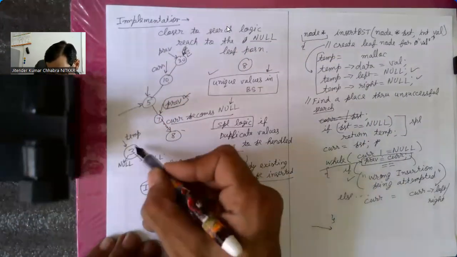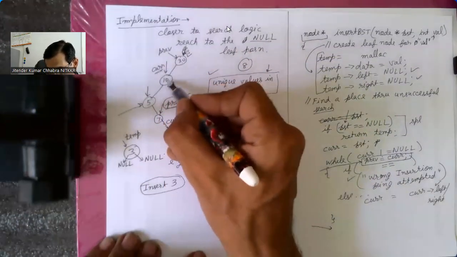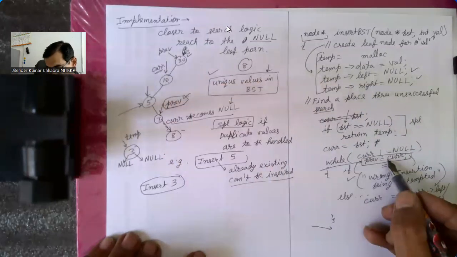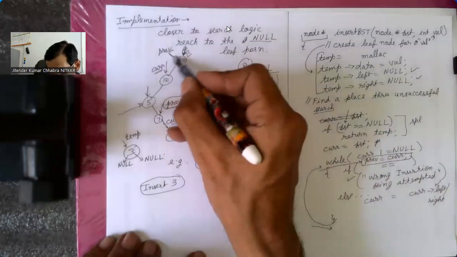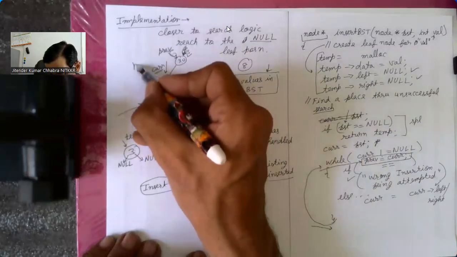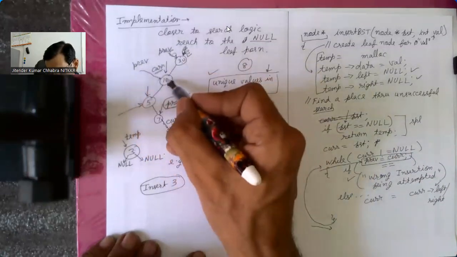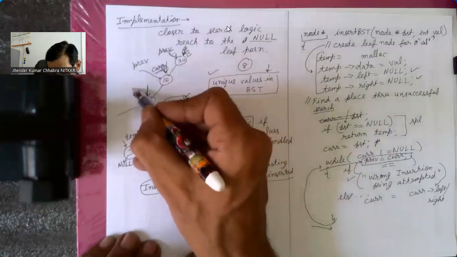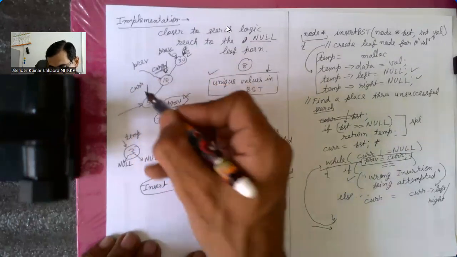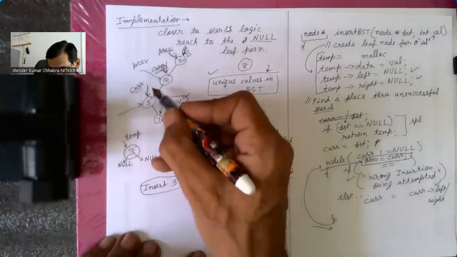Say I was inserting 3. Current shifts to 10, previous is 30. Next iteration, previous equal to current, so previous comes here. 3 is compared with 10, so current again comes down to the left side. Current comes here, previous is 10.